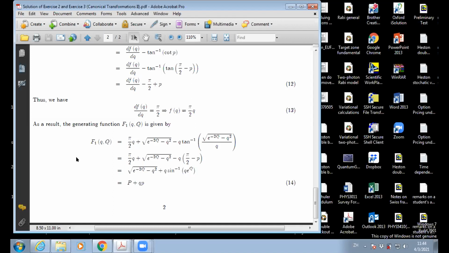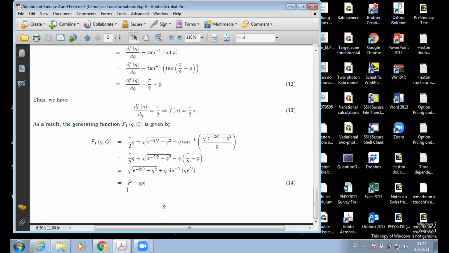Remember that the generating function of the first type is a function of 2 independent variables, namely the small q and capital Q. However, the simple answer in equation 14 is in terms of capital P and small p, both of which are functions of small q and capital Q. So in fact, it is not as simple as we think.